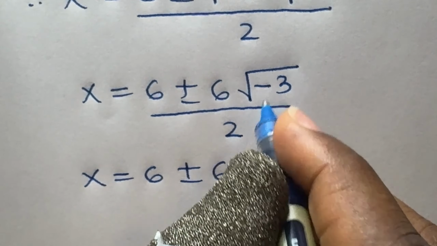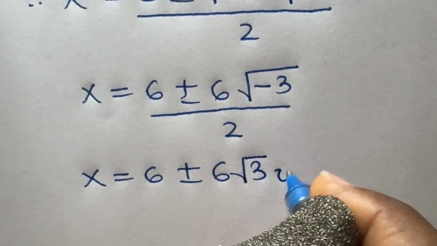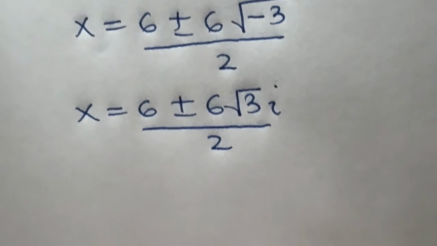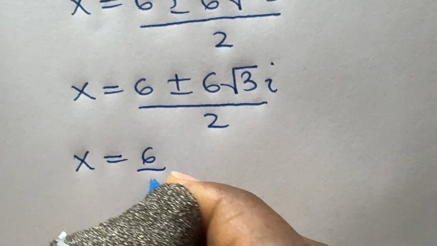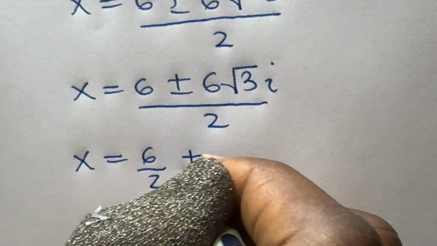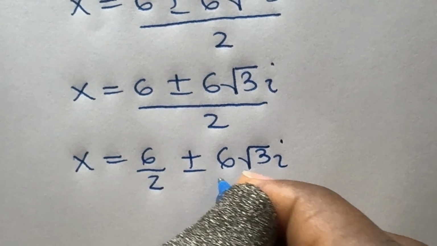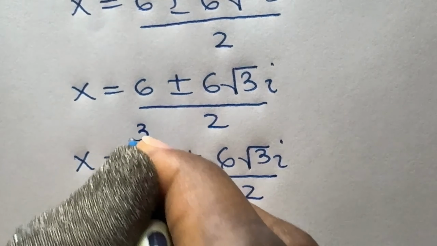Square root of minus 3 will give us square root of 3 times i, then divided by 2. Let us separate this into x is equal to 6 divided by 2 plus or minus 6 root 3i divided by 2. 2 here is 1, 2 here is 3.